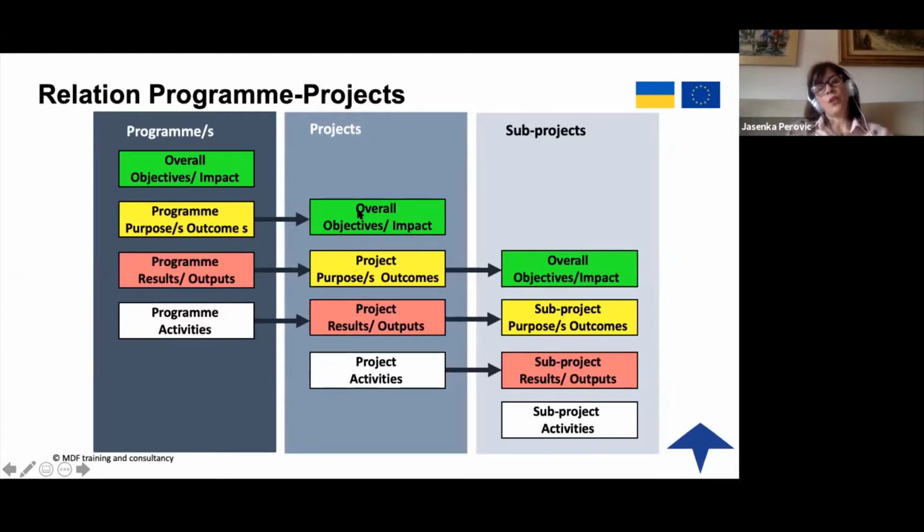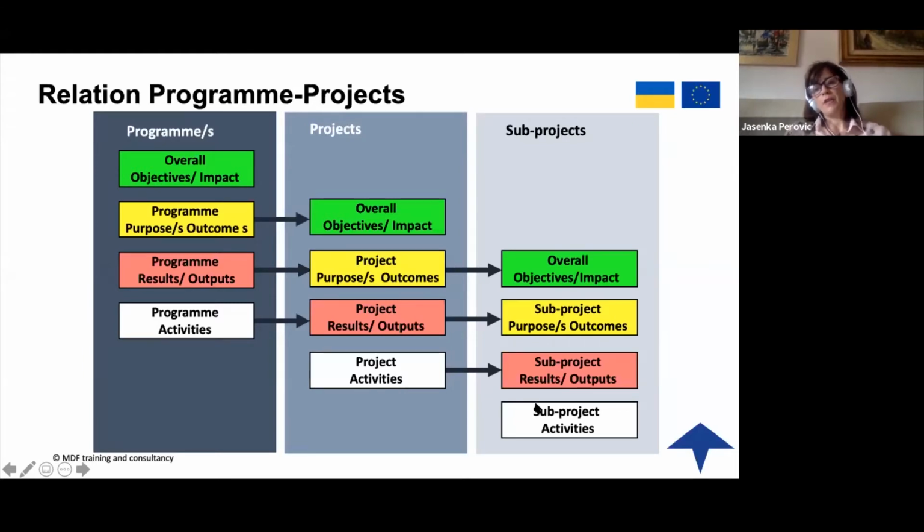So when you are developing your project, you are linking it, but one level lower, if we can say. Whatever is the program purpose for the call for proposal will become your overall objective. Then the program results become the project purpose or the outcome. Program activities become the project results, and the outputs and activities you define as you wish.